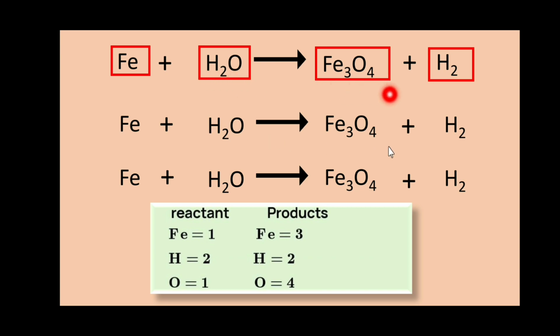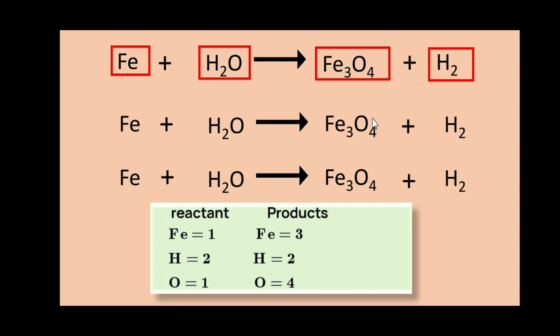On the product side, the same number of hydrogen atoms are there. Then consider the oxygen. On the reactant side only 1 atom of oxygen is there. On the product side 4 atoms of oxygen are there.